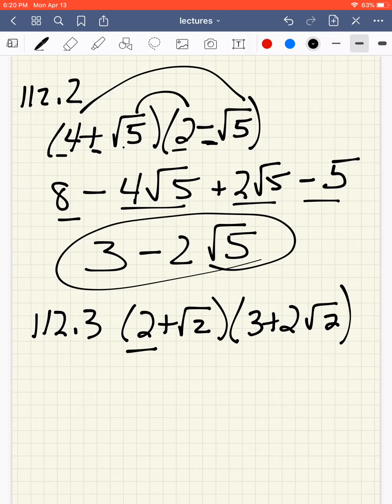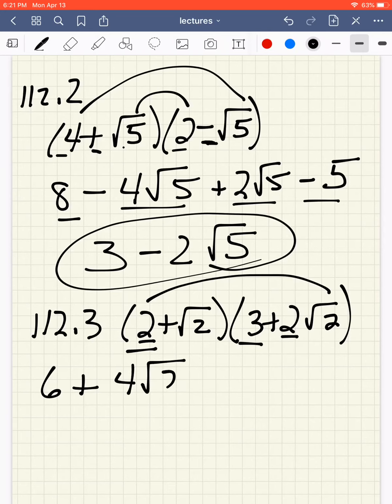Okay, first, 6. Outer, remember, numbers are outside the radical. 2 times 2 is 4. And then the numbers that are inside the radical. So there's only one, the square root of 2. Plus these. Outside the radical, inside the radical. Plus outside the radical, inside the radical.